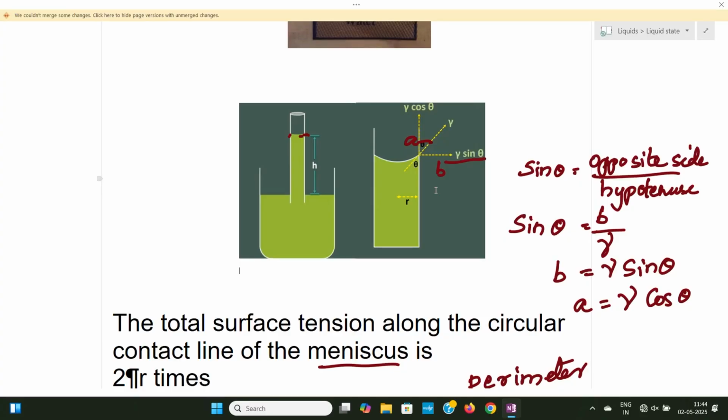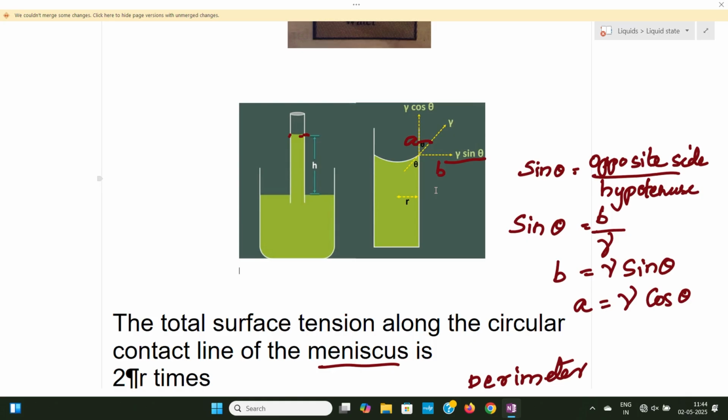Then we have to find out the downward force. Downward force means force, which we know is mass into acceleration due to gravity. We know that density rho is equal to mass by volume.